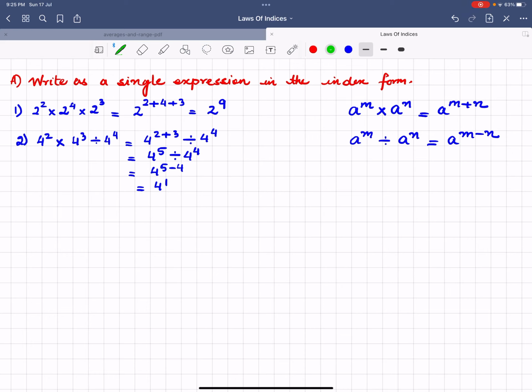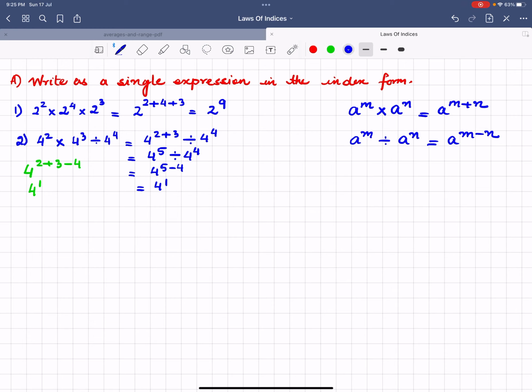Since we know that our base is going to be 4, we can write 4, and the first two indices need to be added as the bases are multiplied. So we add up 2 and 3, and the last index 4 will be subtracted. So we can straight away get our answer, 4 to the power of 5 minus 4, which is 4 to the power of 1.